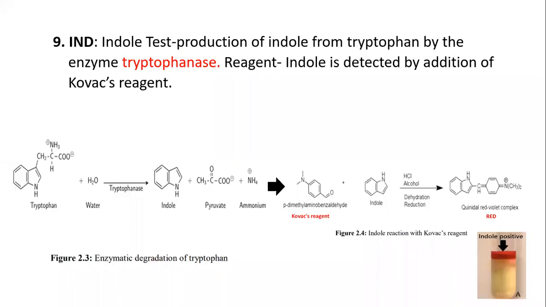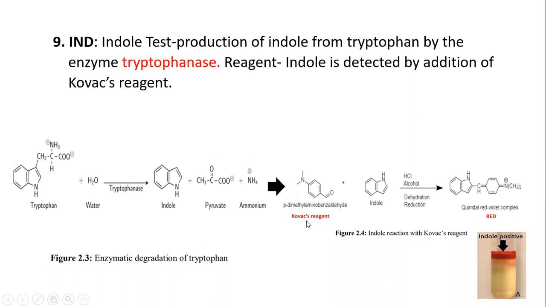Okay, the ninth test is the indole. In the indole test, we detect the tryptophanase enzyme. Okay, I have made a video over indole in detail, so you can watch it on my channel. First of all, we provide tryptophan. If our bacteria has the tryptophanase enzyme, it will produce indole.